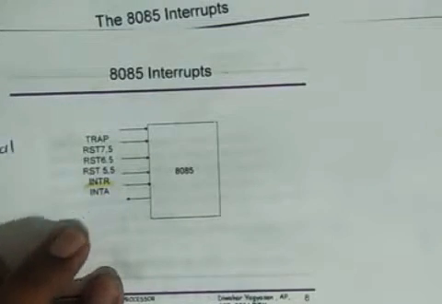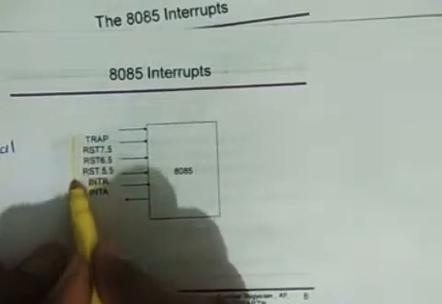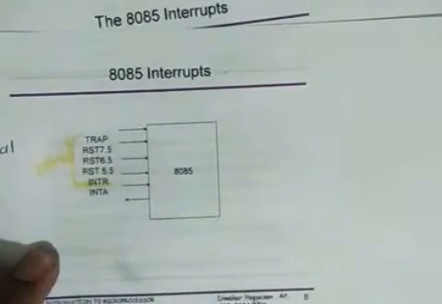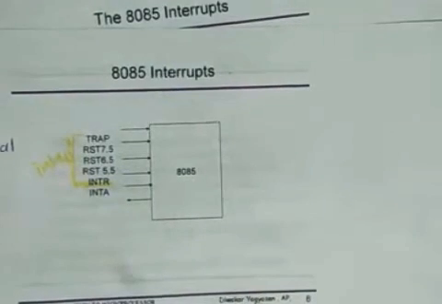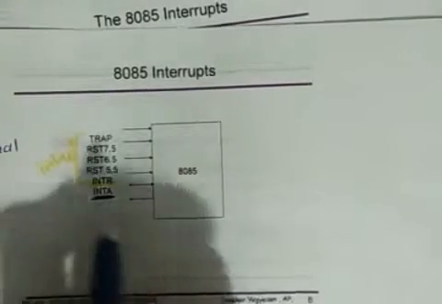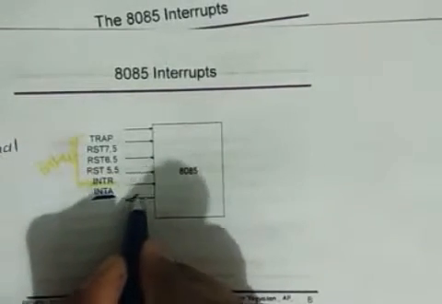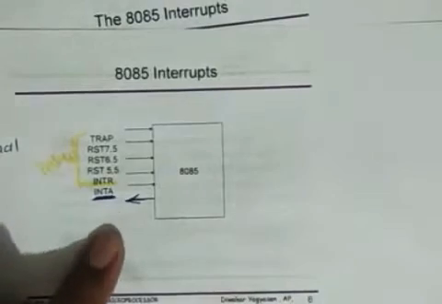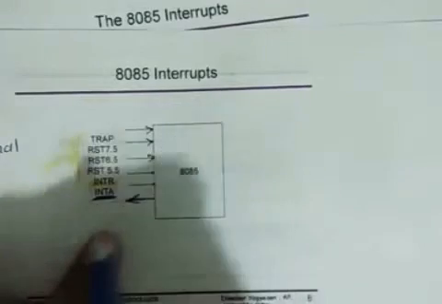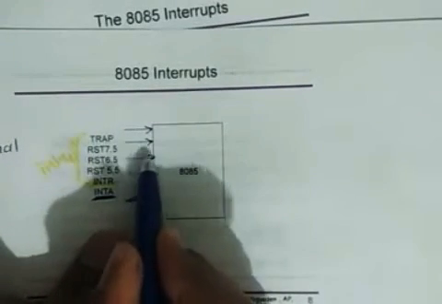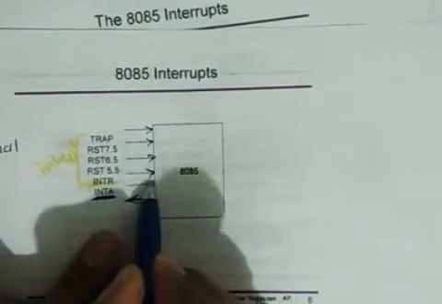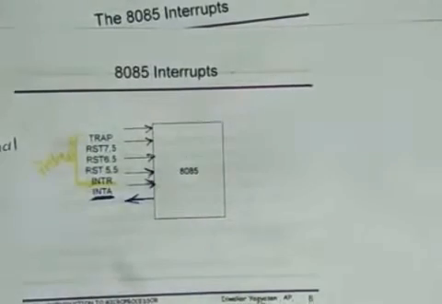So we have a total of 5 interrupts. And this is INTA. What is INTA? INTA is the interrupt acknowledgement. We can see this is an output pin, and all the others are input pins: TRAP, RST 7.5, RST 6.5, RST 5.5, and the INTR interrupt.